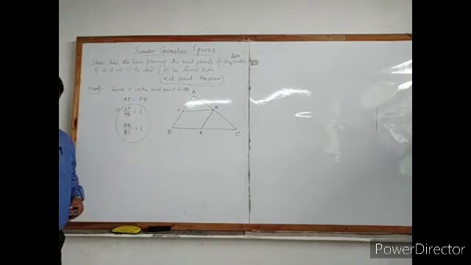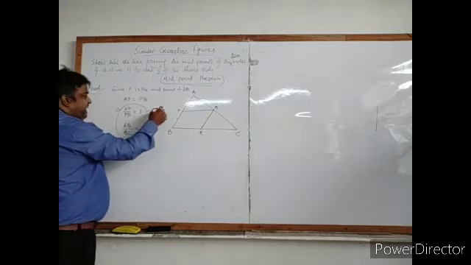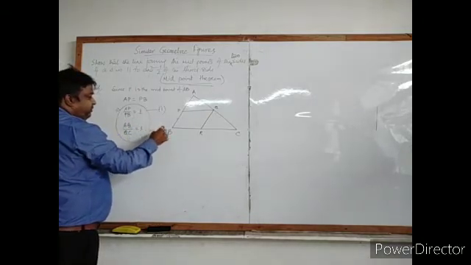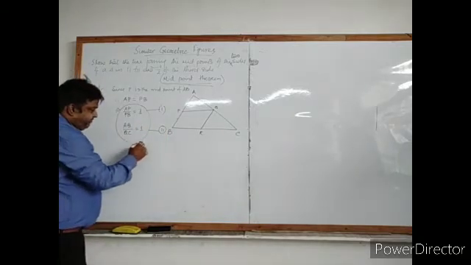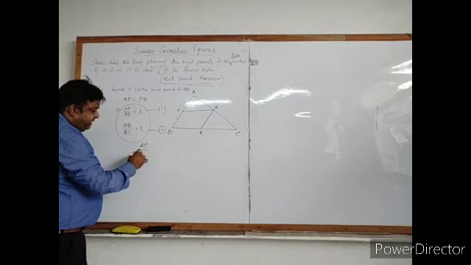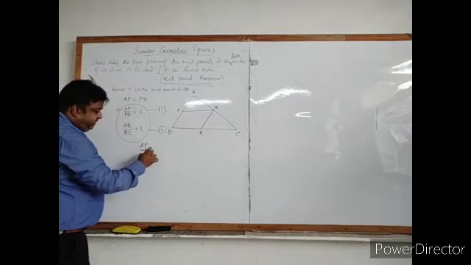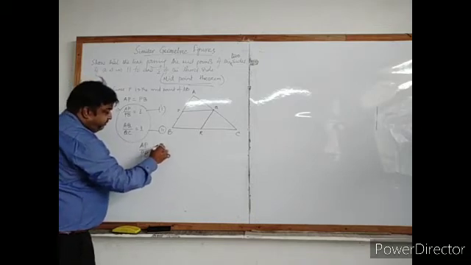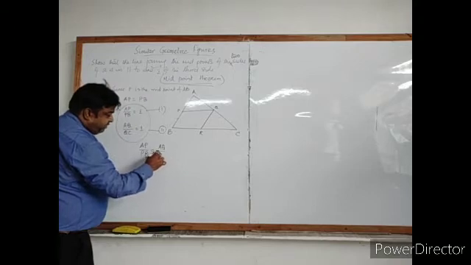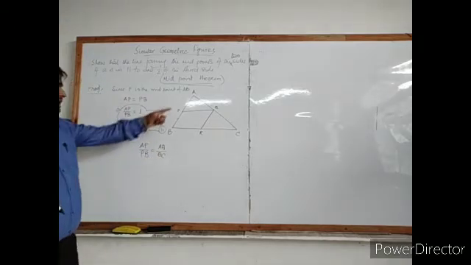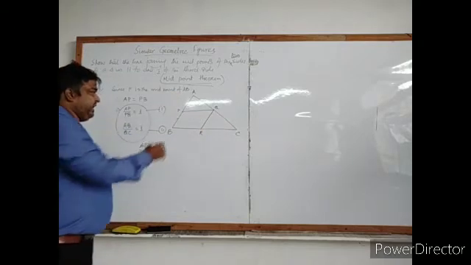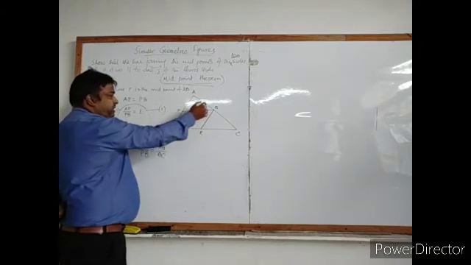So if we mark this one as 1 and this one as 2, from 1 and 2 we can write AP by PB equal to AQ by QC. Correct?